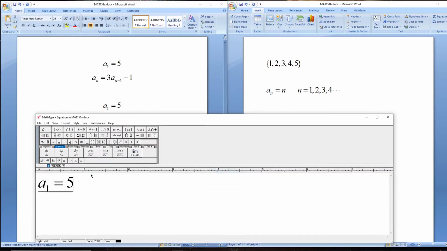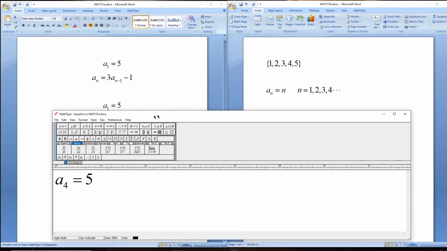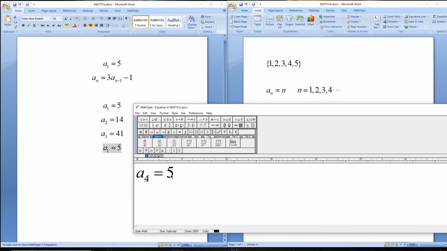And then finally, because they want us to list out 4 numbers, we then go to n equals 4. So we'll look at our recursive relationship. When n equals 4, we're going to have 3 times A sub n is 4, so 4 minus 1 is 3, so A sub 3 minus 1. And we just figured out what A sub 3 is.